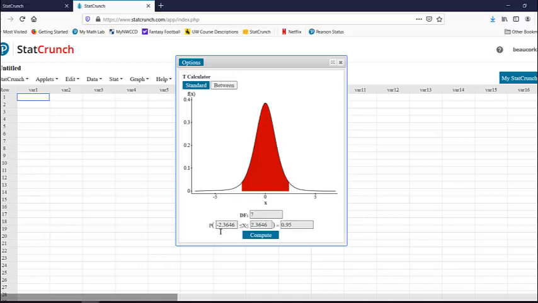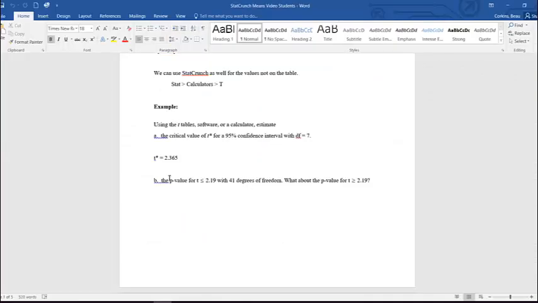That gives us negative 2.3646, or what I have written as negative 2.365.